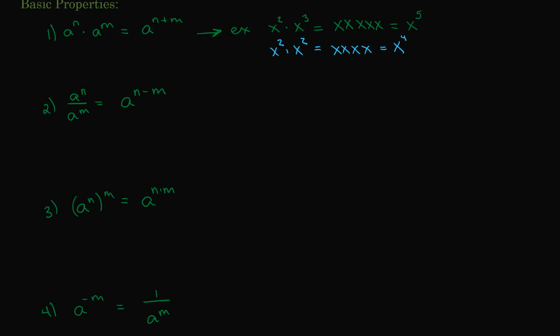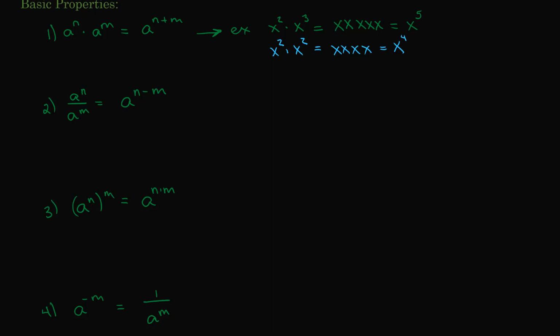But in this case, it's not clear if you added the twos or if you multiplied the twos. So if you're going to fall back on an example as a way of deriving the rule, be careful. Use 2 and 3, not 2 and 2, because it's not real clear when you use 2 and 2 if you took 2 times 2 to get 4 or if you added 2 plus 2 to get 4.